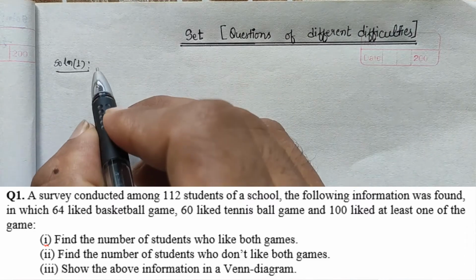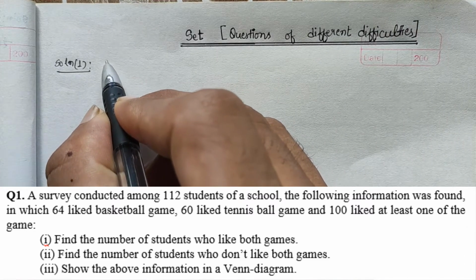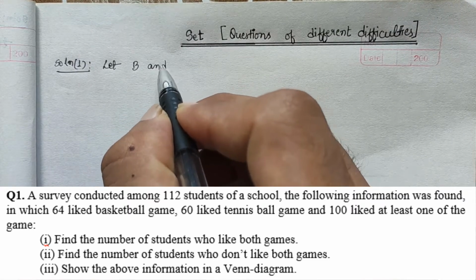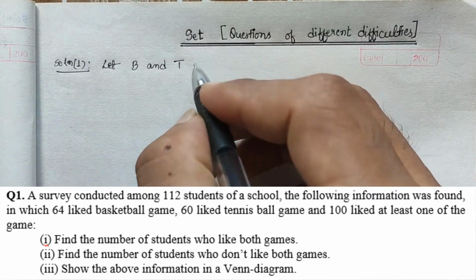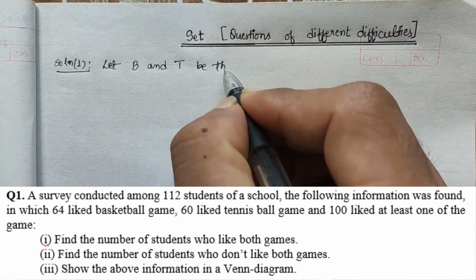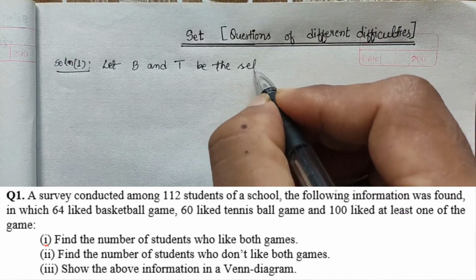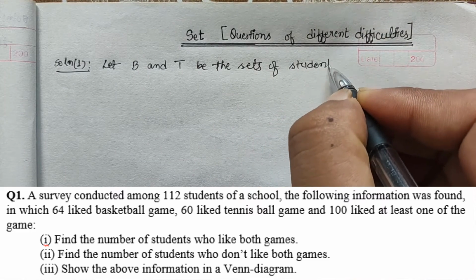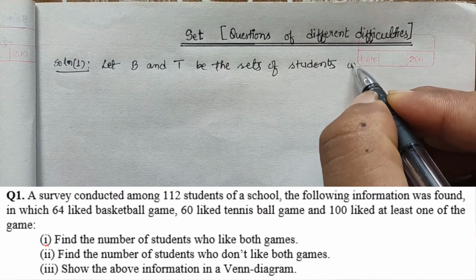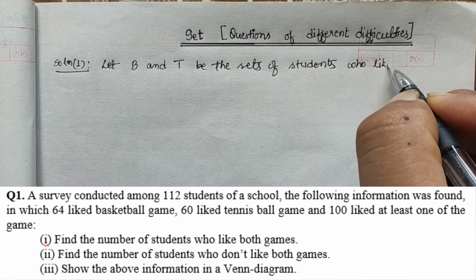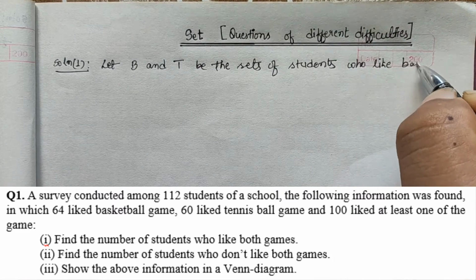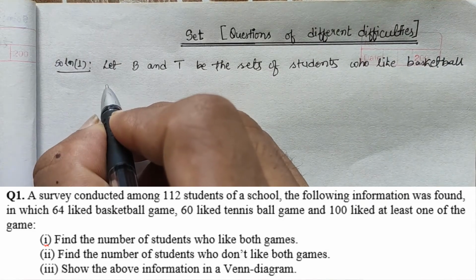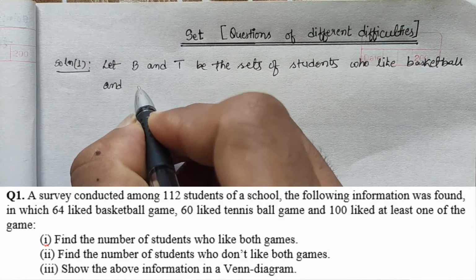Okay, so first we have to let B and T be the sets of students who like basketball and tennis ball.